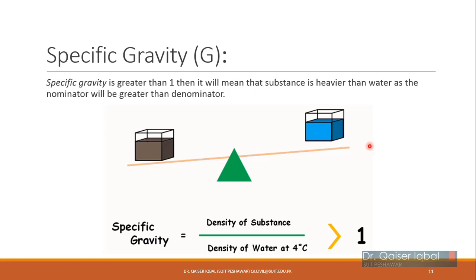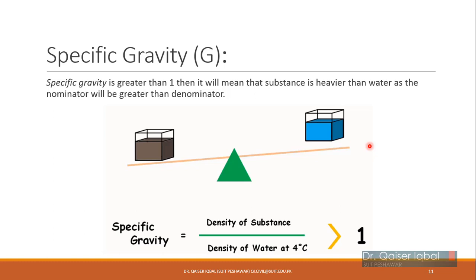So specific gravity can tell us how much heavier a particular substance is in comparison to the reference object, which is water. The unit weight of water is usually constant. So from that we get an indication of whether the object under study is heavier or lighter than water, or if it is heavier, how much heavier it is on the scale of water.